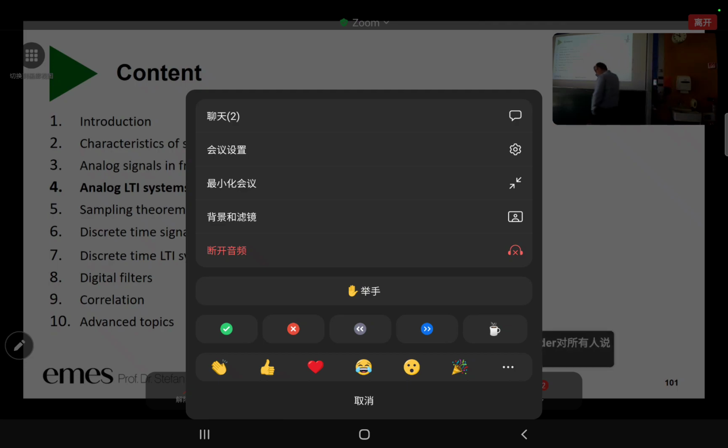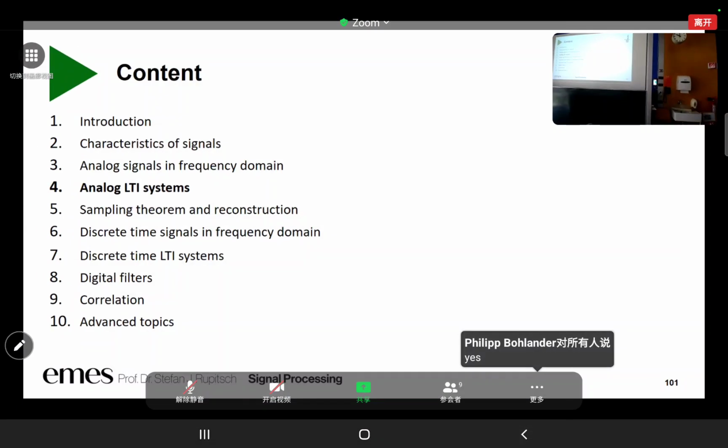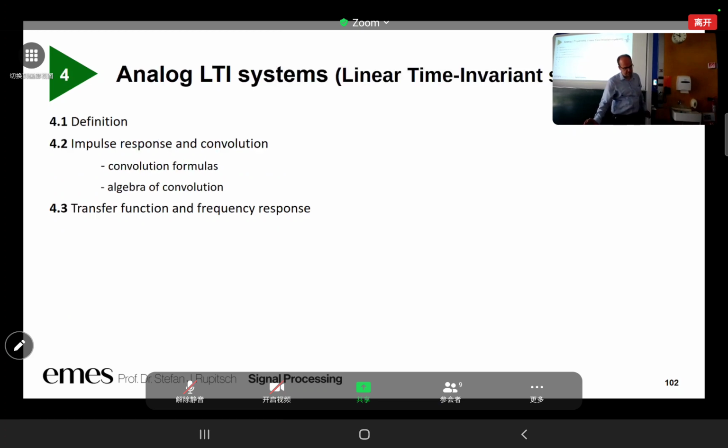Last week we started with chapter 4, analog LTI systems. LTI stands for linear time invariant systems. We started with the definition of a linear time invariant system, then impulse response and convolution.